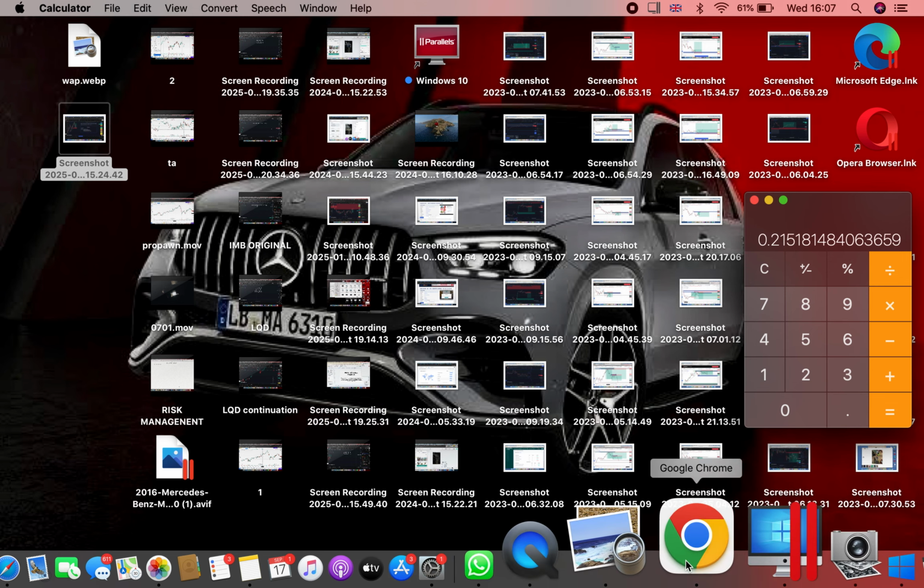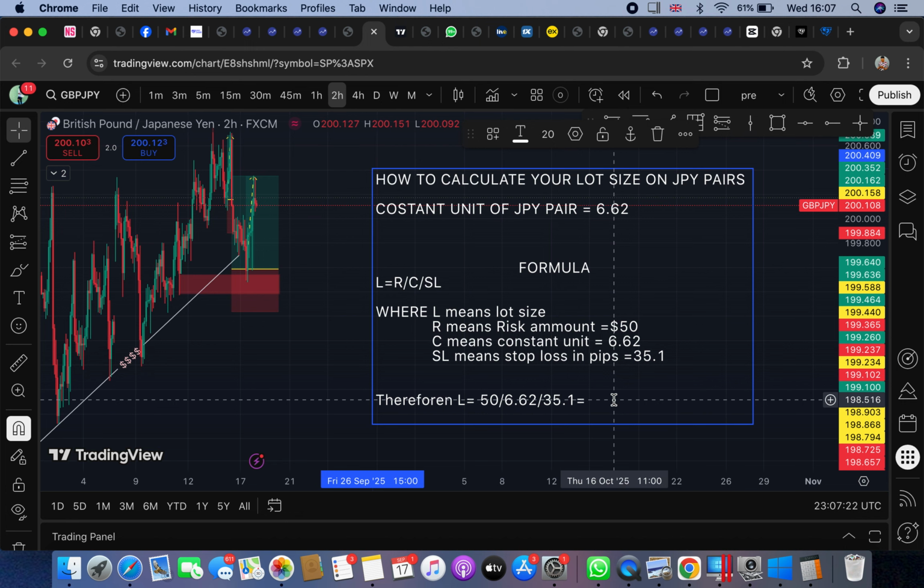So we'll go back here and put lot size. Our initial lot size is 0.215. This is what we got as lot size. In lot size, you can't accommodate this whole 3 or whole 4 here.